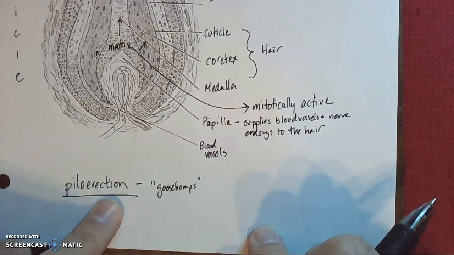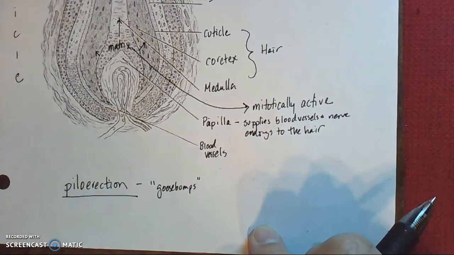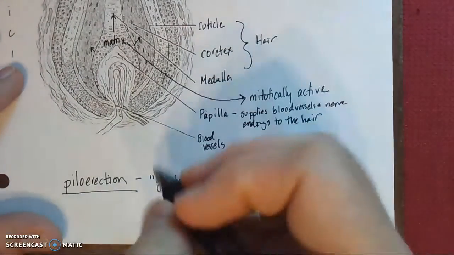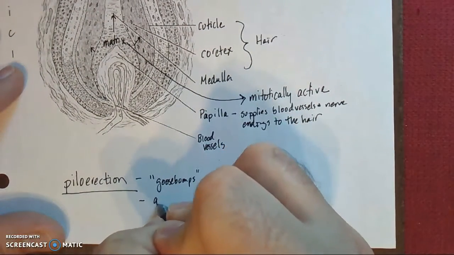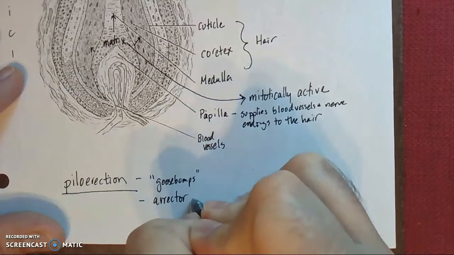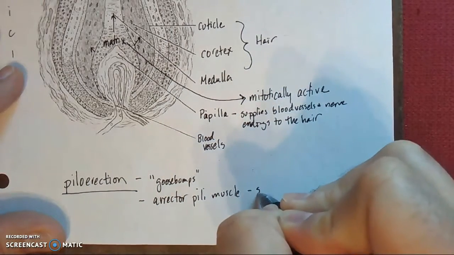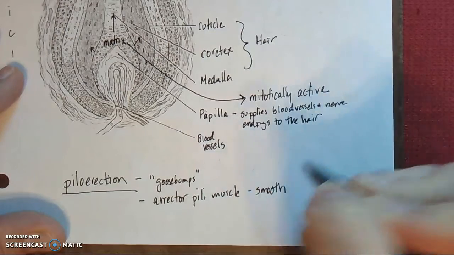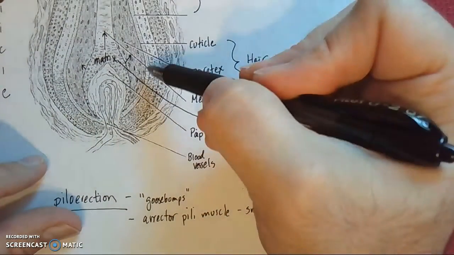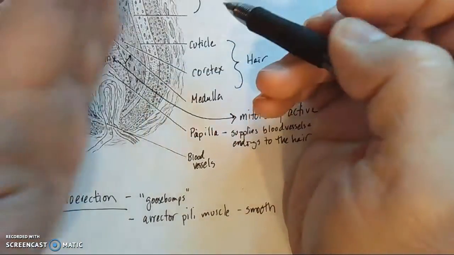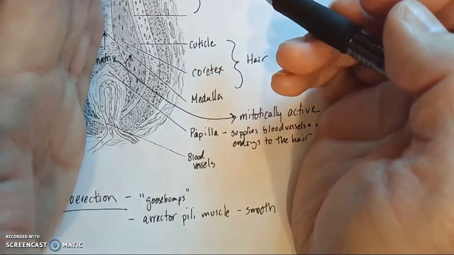Erection means to stand up. So these are hairs standing up, because connected to each hair is a very small muscle called the erector pili muscle. And it is smooth muscle. And it's connected down in here. And if it contracts, it causes the hair to raise up.